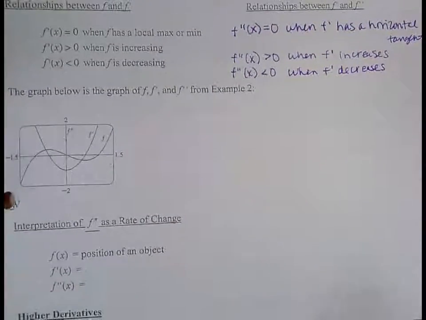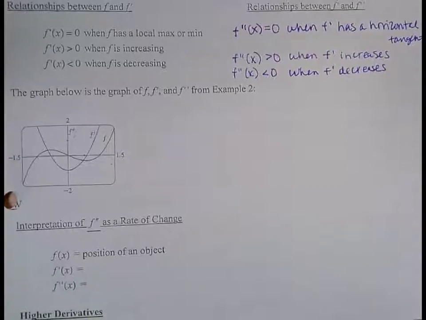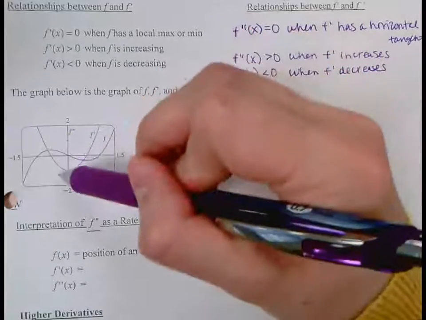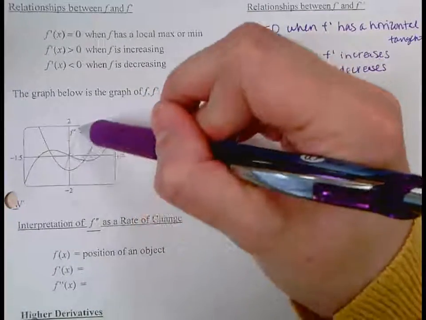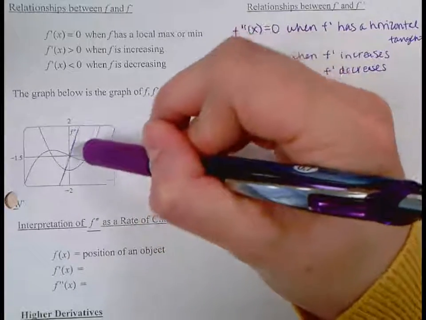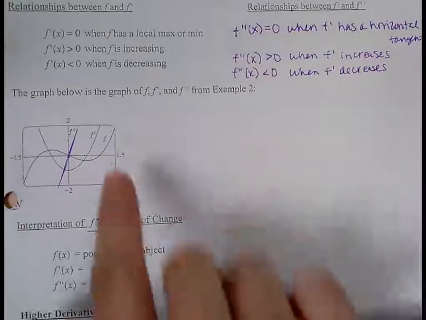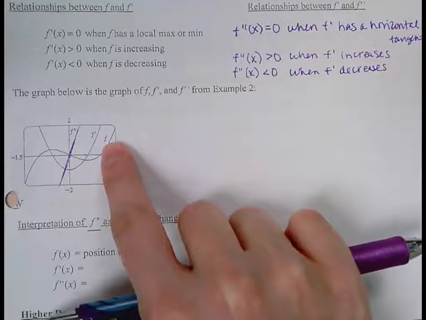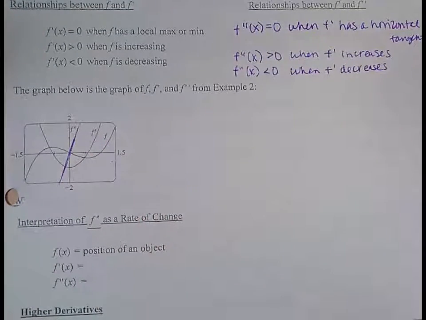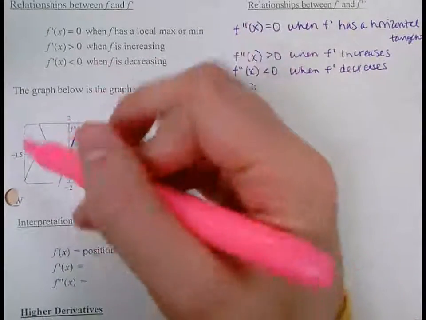So the graph that I included there, and I know f double prime is kind of hard to see, shows you the function on the previous page that we found the derivative and second derivative of. So f is the function from the example you guys just did. I could probably highlight it.